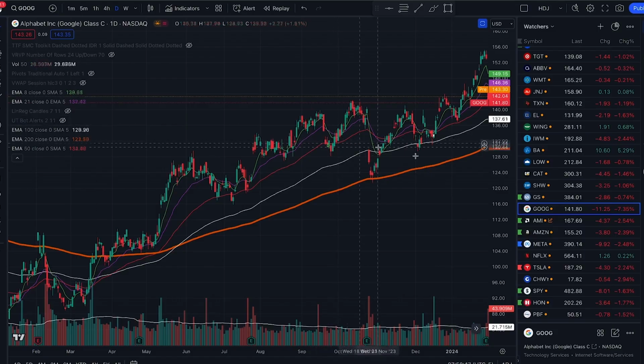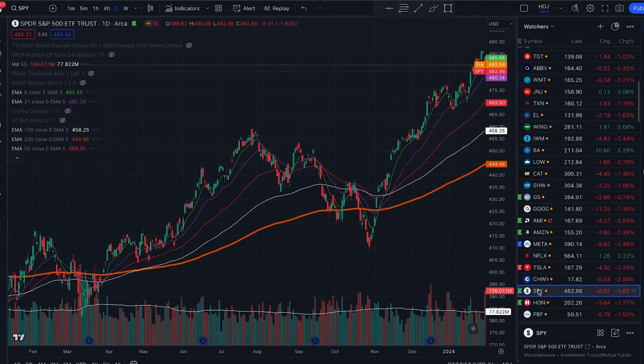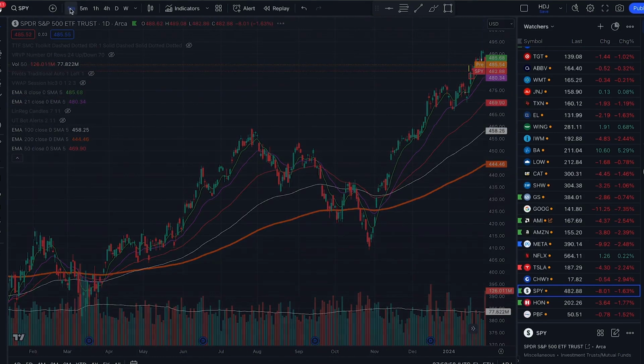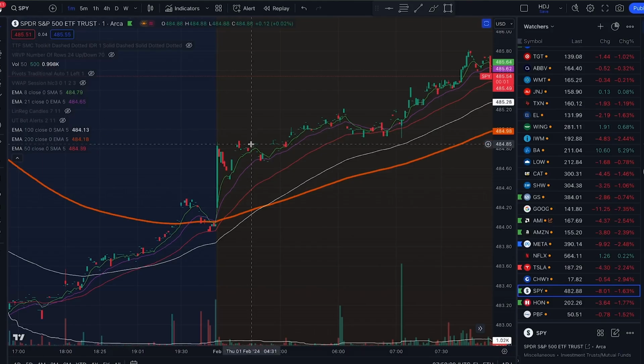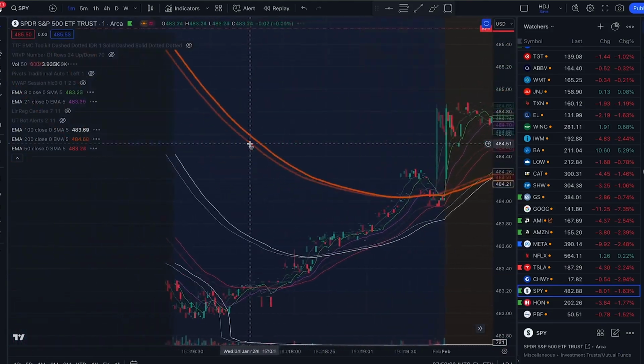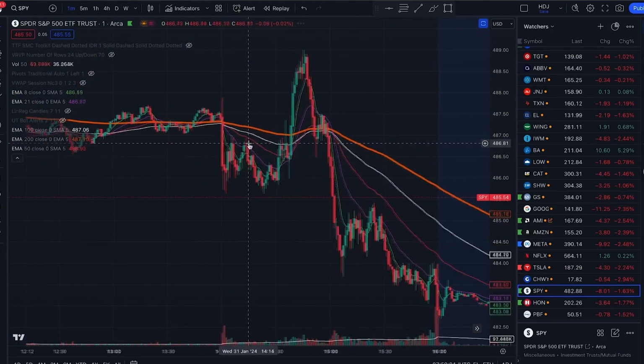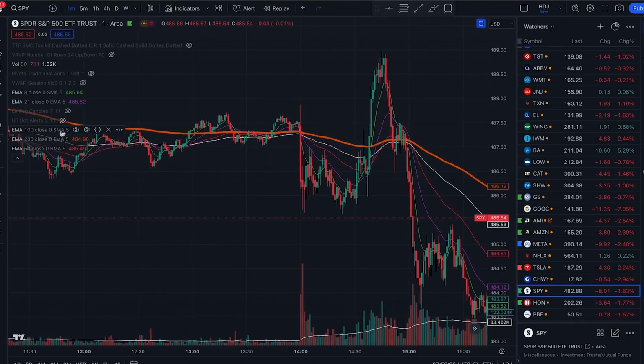Let's go back to SPY. And now for the time frame here, we're going to go to the 1 minute. So now we're on the 1 minute chart. We're going to turn off the 50 moving average, and we're going to turn off the 100 moving average.